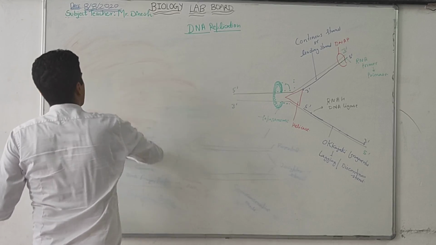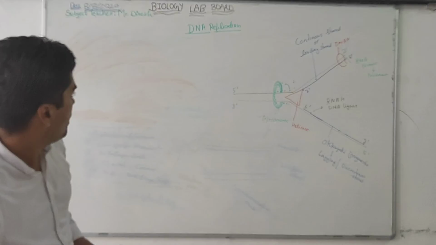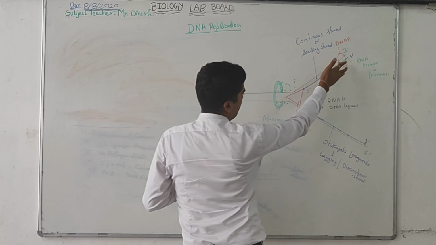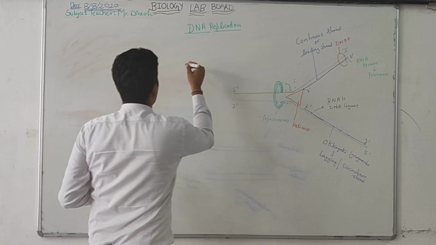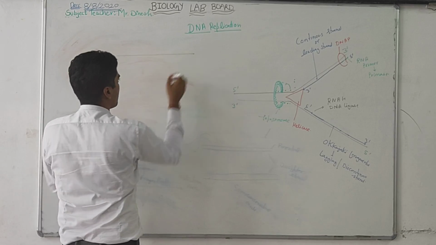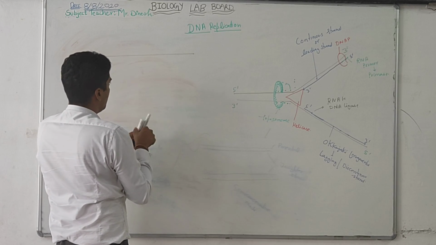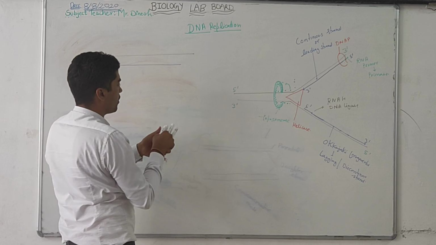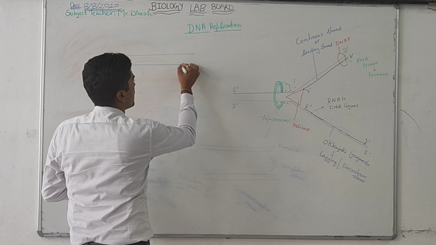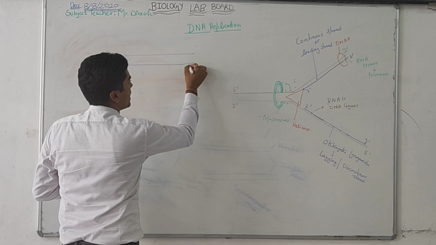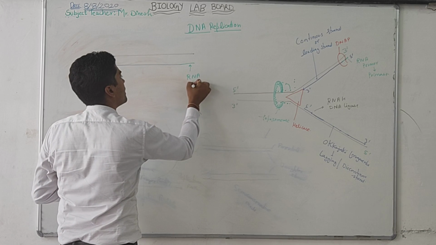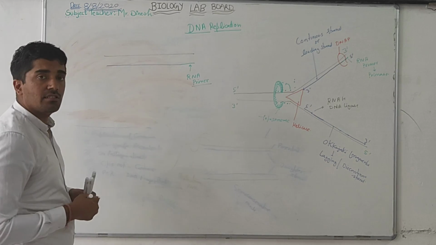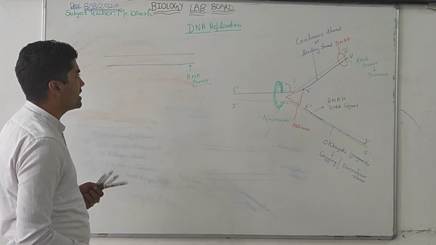When we get the two copies, one is this parental copy and another is a newly formed copy. In this newly formed copy, there is some sequence of the primer. This is the RNA primer. This RNA primer is not required in the DNA, so we have to remove it.